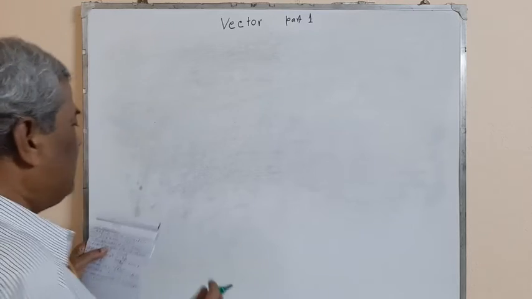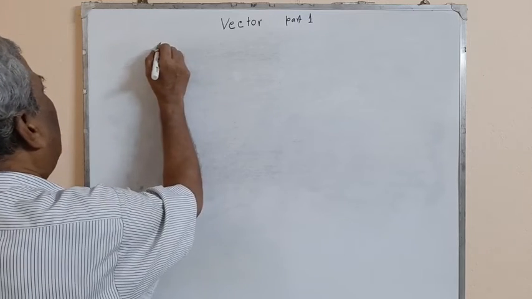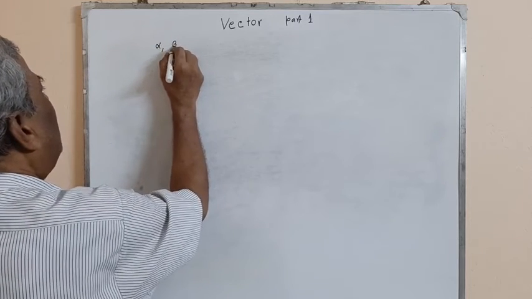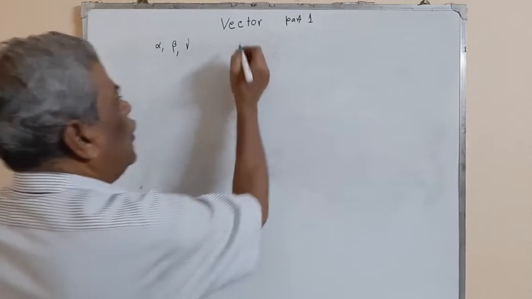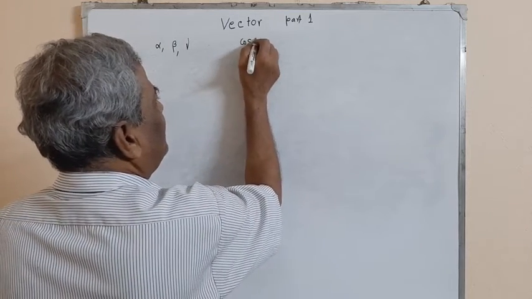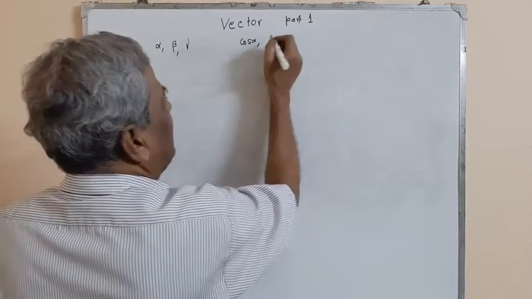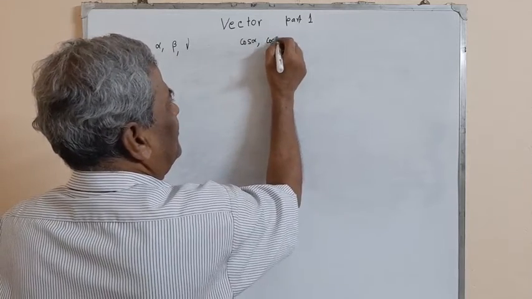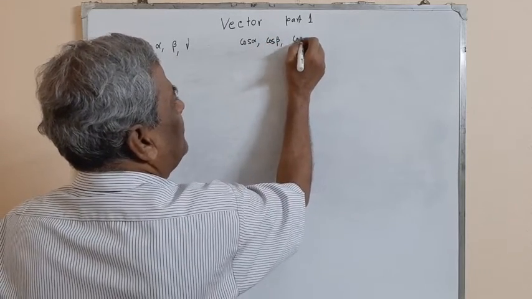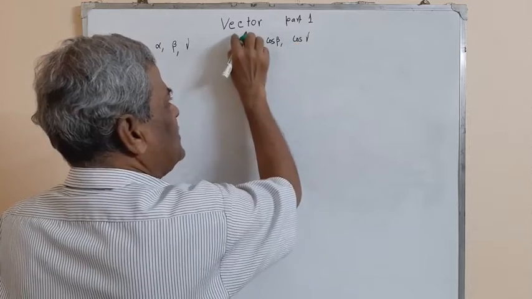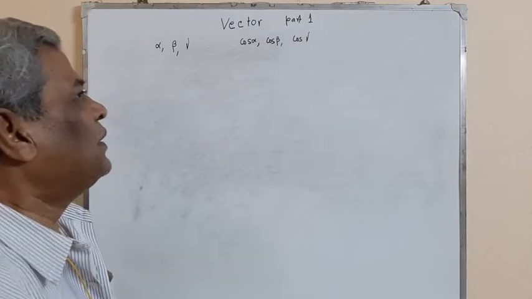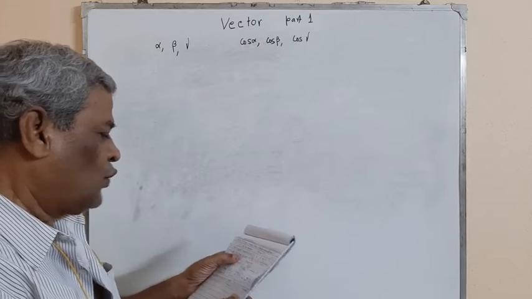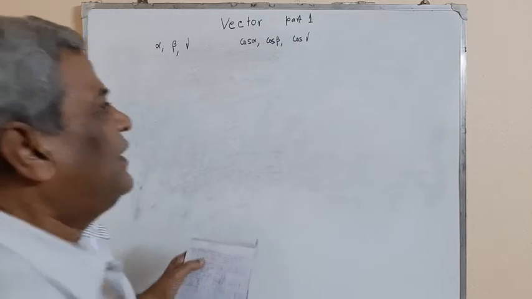If any vector makes an angle alpha, beta and gamma with the axis, then cos alpha, cos beta and cos gamma, this trio together is known as the direction cosine of the vector.